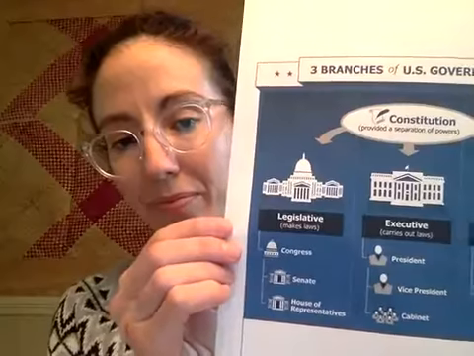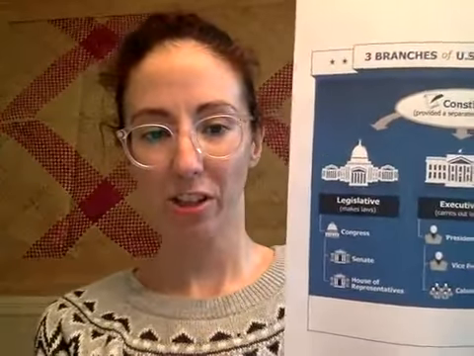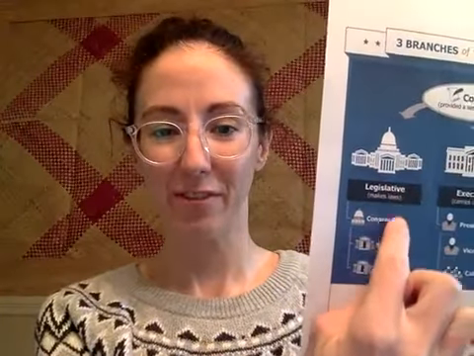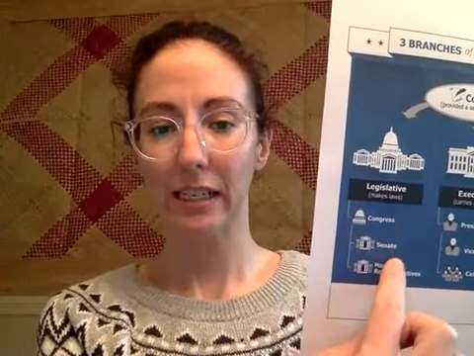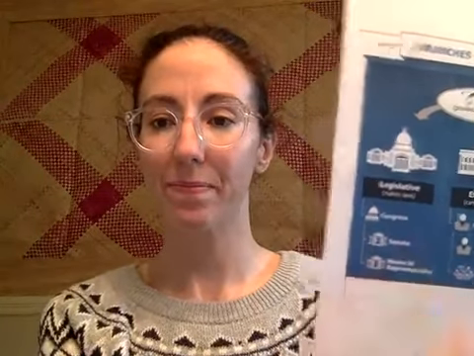Question number 24. Who does a U.S. Senator represent? I'd like to reference this chart one more time, and we can just look at the side over here. Legislative, Congress, Senate. Who does the Senate represent?